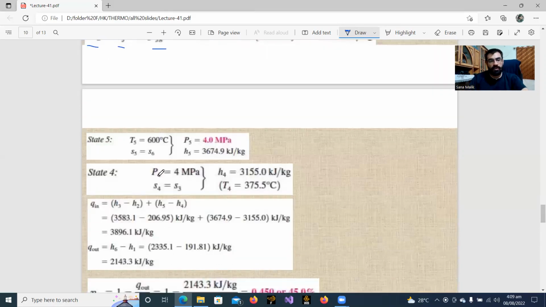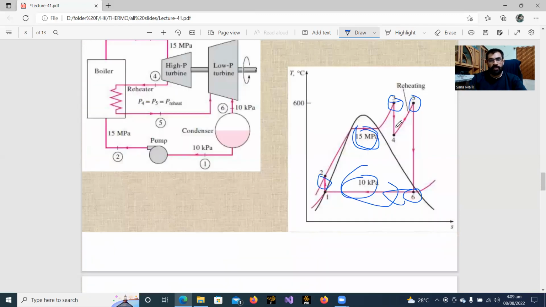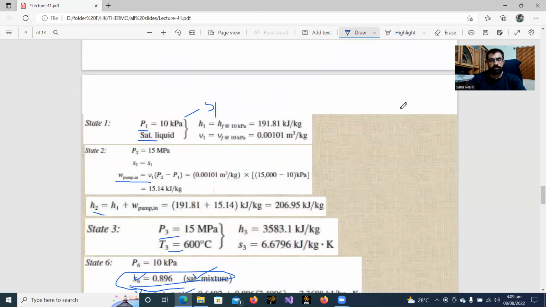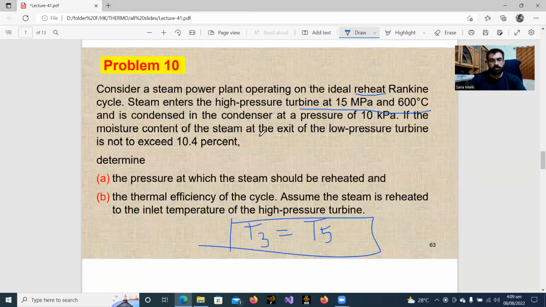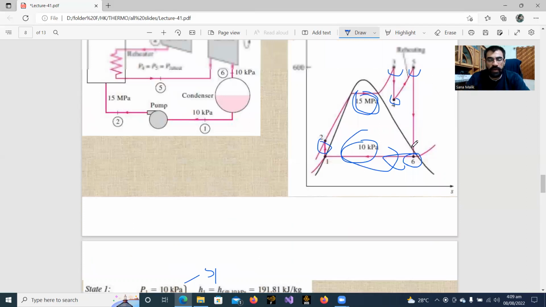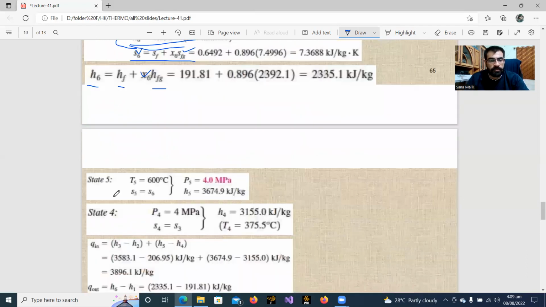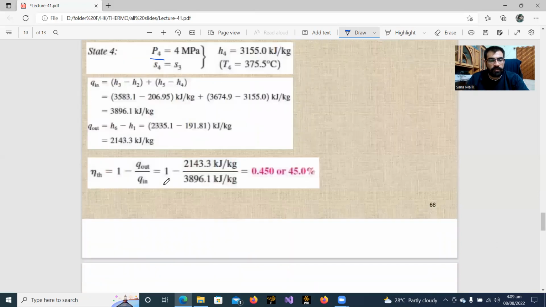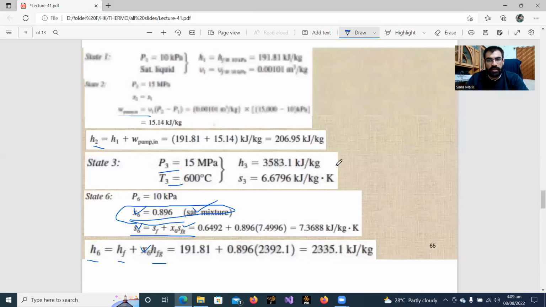For P4, we already know, P4 will be equal to P5, constant pressure reheating. S4 equals S3, again isentropic.